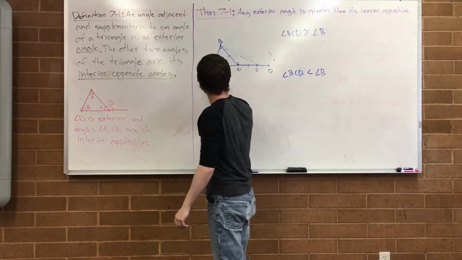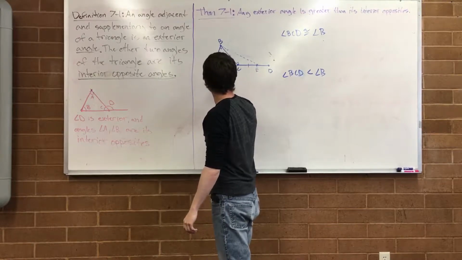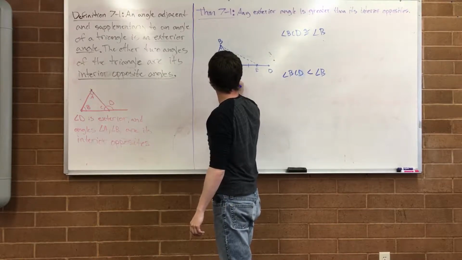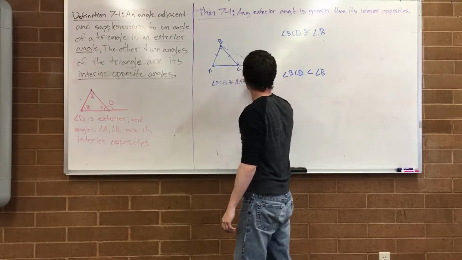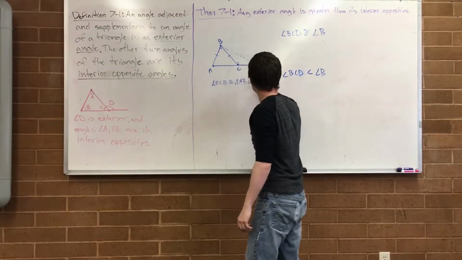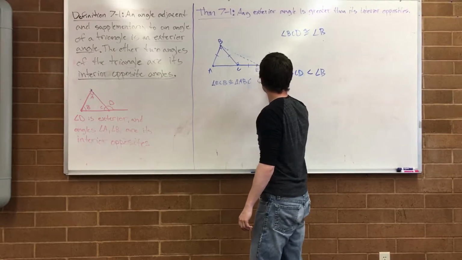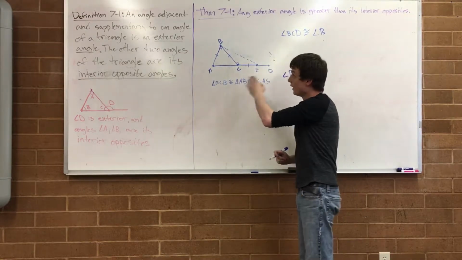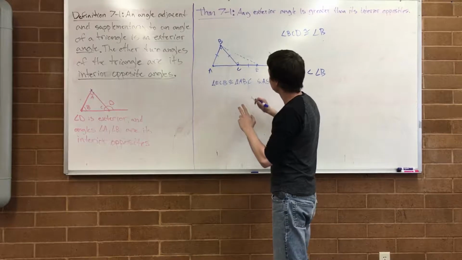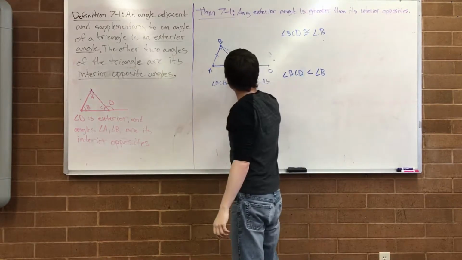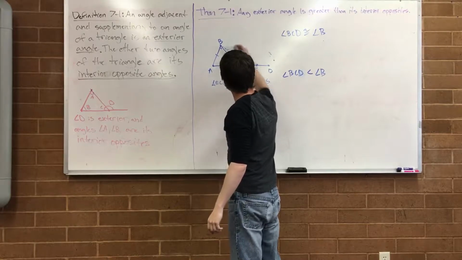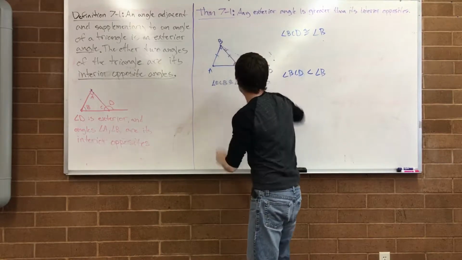So we would get that triangle ECB is congruent to triangle ABC by side angle side. Right? Now, if this triangle is congruent to this triangle, then that gives us that this angle is congruent to this angle.